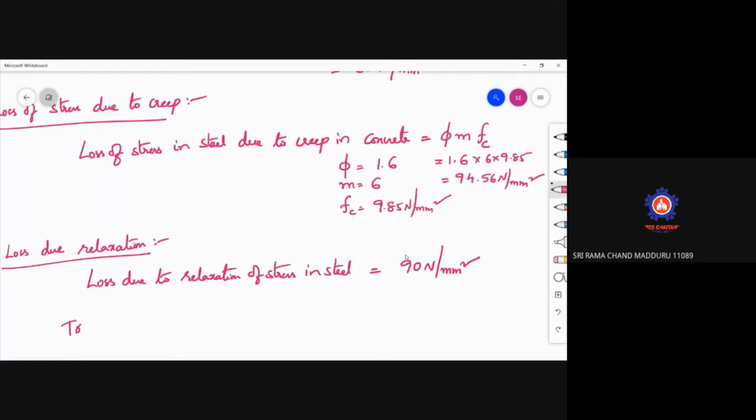So total losses is equal to, so here these are the losses that happen in pre-tension concrete beams.